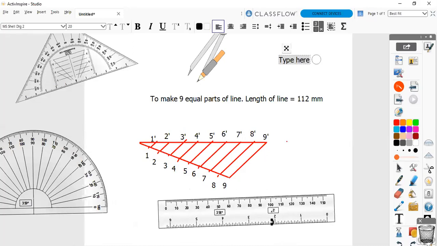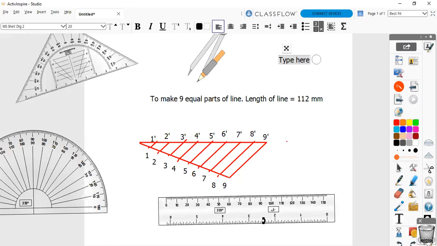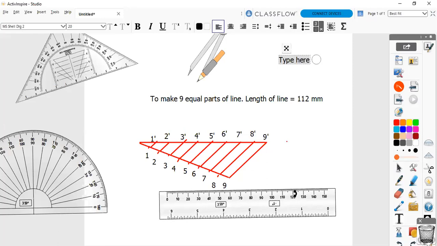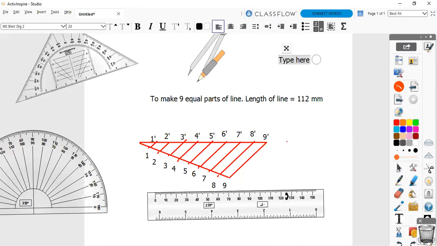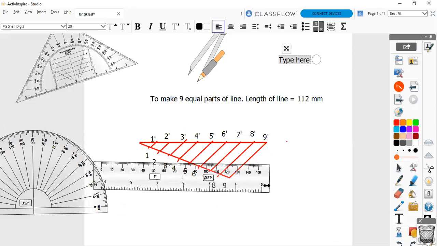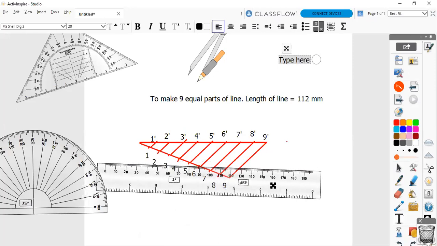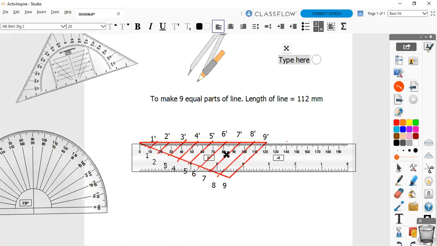I have first used this scale, kept it horizontal, and first drew one horizontal line of 120 mm.